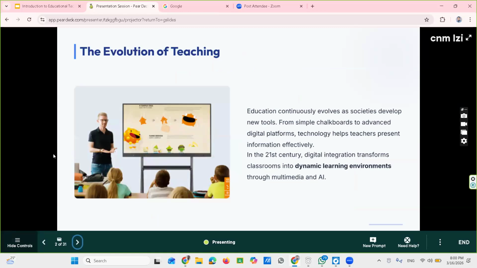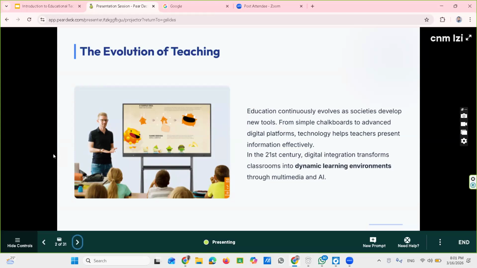Here, I'm giving some evolution of teaching. Teaching has come a very long way. In earlier centuries, they were using chalkboards, pens and those kinds of tools. From chalkboard to digital platforms, now we are using digital platforms. We are in the 21st century, and technology is vastly developed.